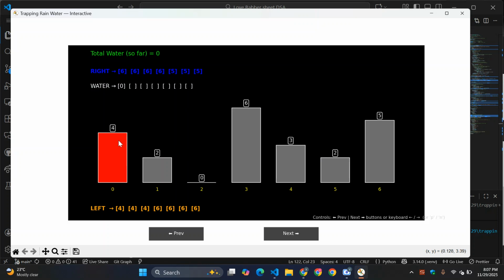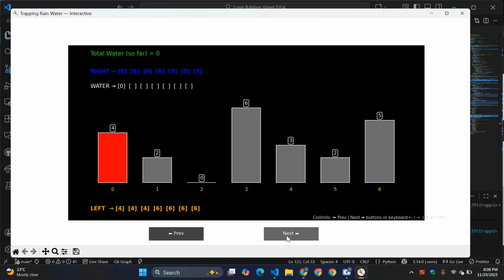Okay, here what we have to do at the end is find how much water we can store at each building. The first is 0 because it's the boundary of our graph, so it will not store any water. Then we find the minimum value from both of these values, and we subtract the height of the current index.